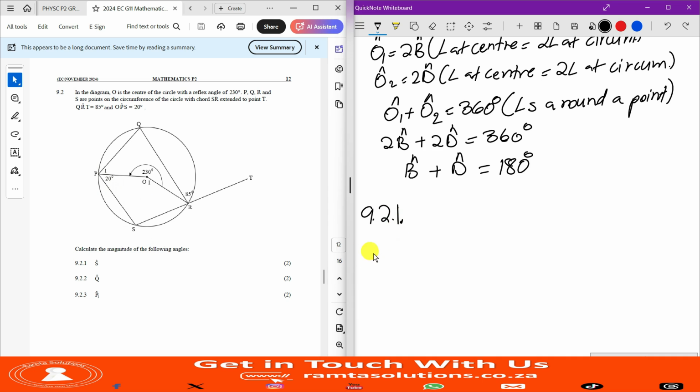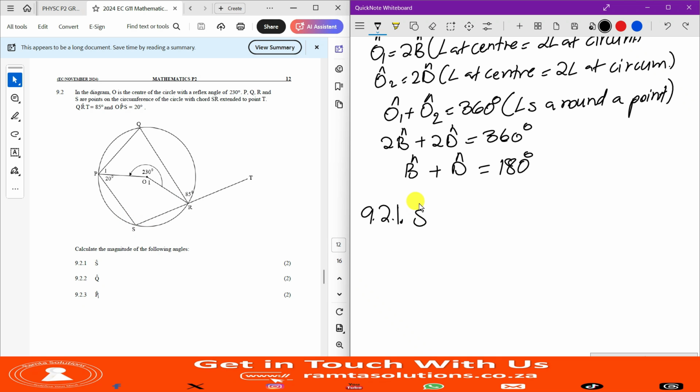Remember, this is Euclidean geometry. You must always give reasons. Angle S is subtended by the reflex angle. The angle at the center is twice the angle at the circumference.